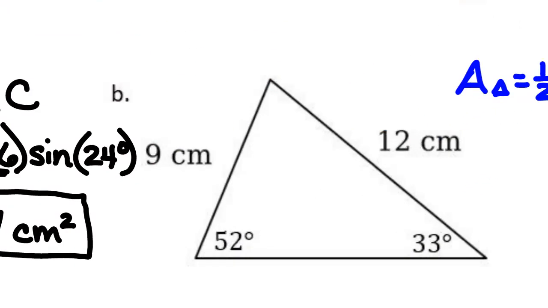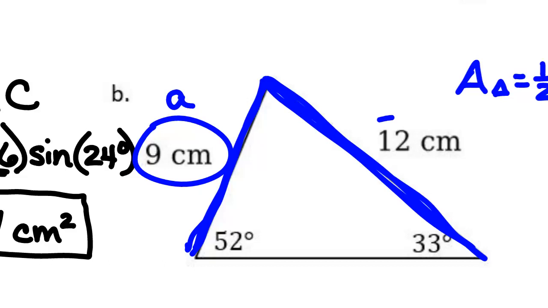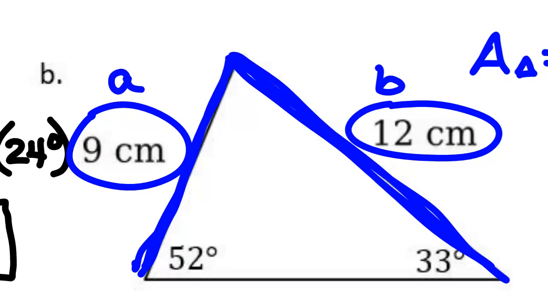I only have 2 sides, so this and this have to be my A and my B. So I'm going to label this one as A and this one as B. So which angle would have to be the one that I put in for C?